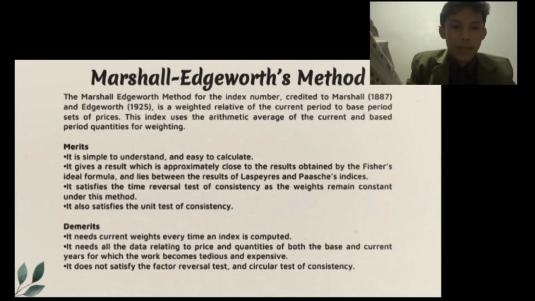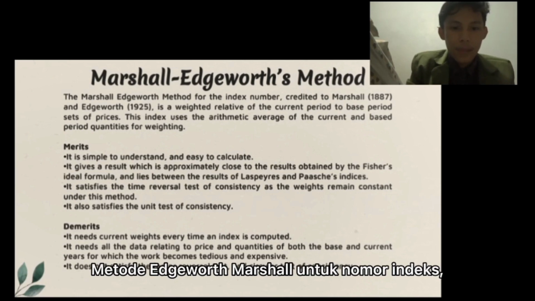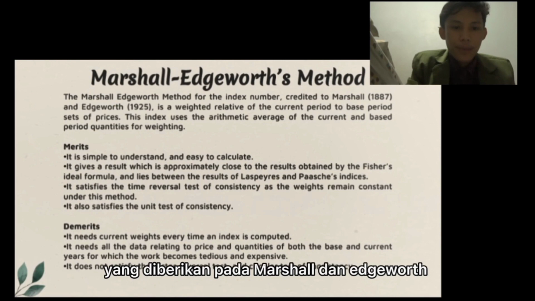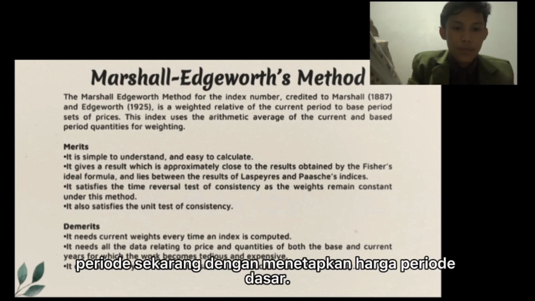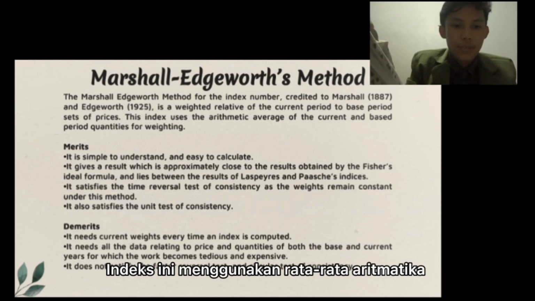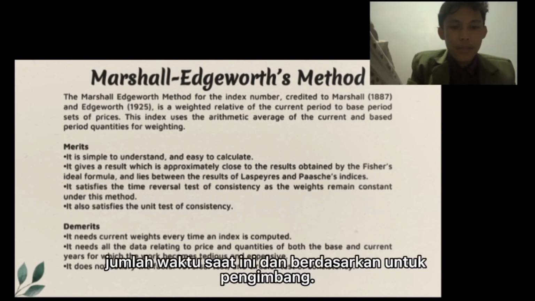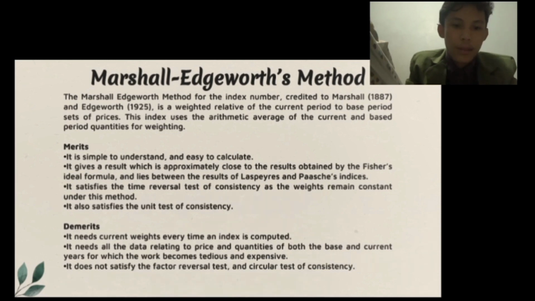And next, the Marshall-Edgeworth method for the index number. Credited to Marshall and Edgeworth, it is a weighted relative of the current period to base period set of prices. This index uses the arithmetic mean of the current and base period quantities for the weighting.